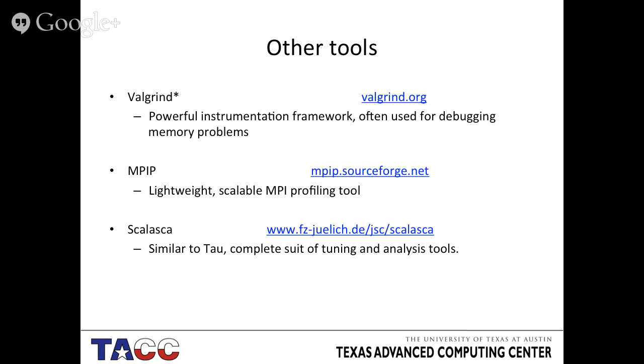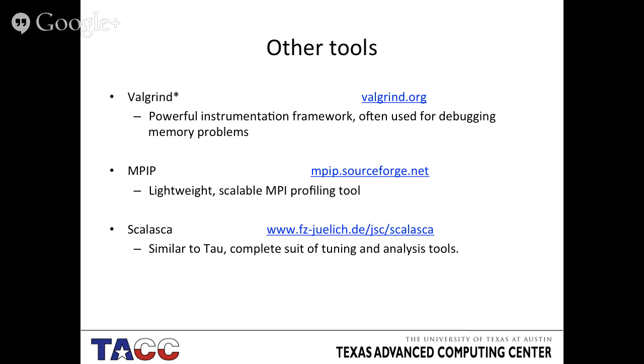And those are all the tools that we have available here. There are other tools. I already mentioned Valgrind, which is really powerful and really popular. I also mentioned MPI, that we also have available in Stampede. It's very similar to IPM and the stats that you can get from Intel MPI.